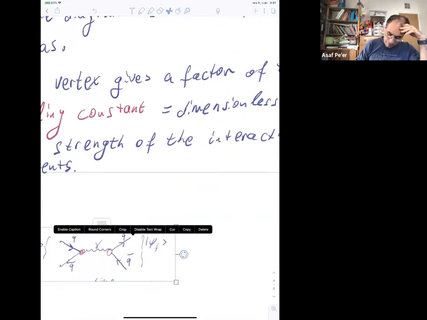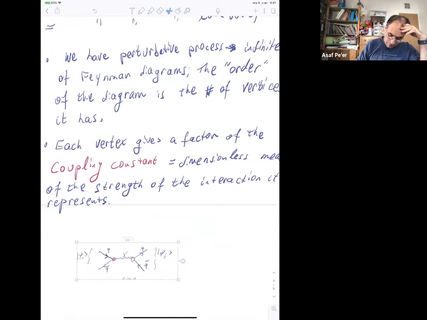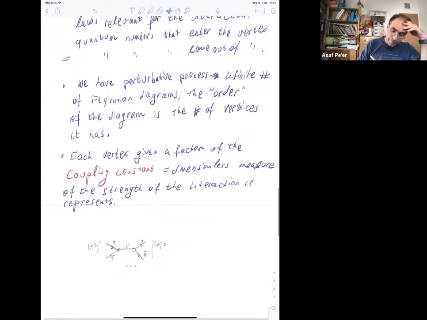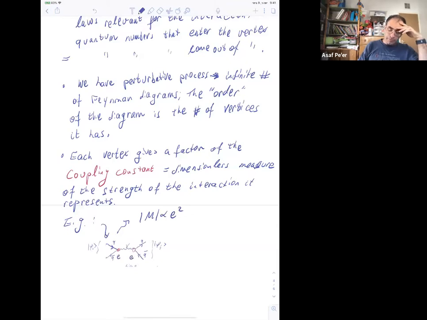So for example, in this diagram, the matrix element M is proportional to E squared, because we have one contribution of E from here and one from here. So M is proportional to E squared.